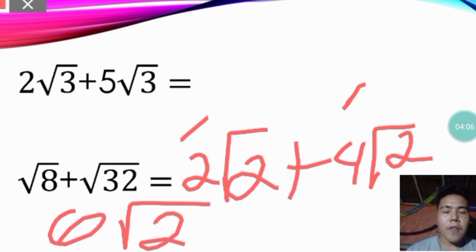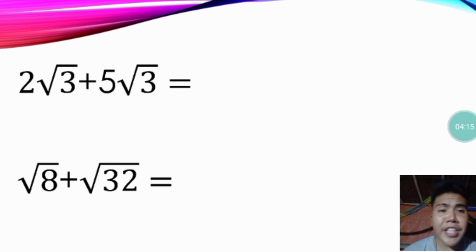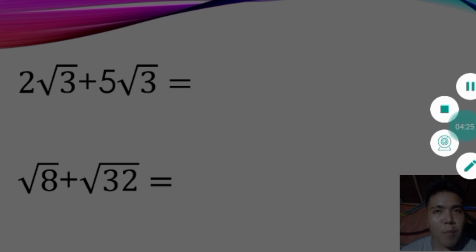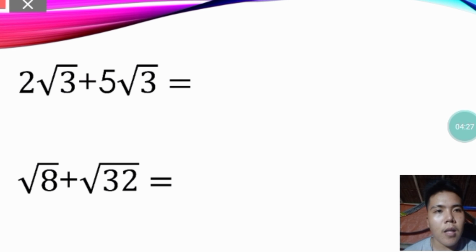If it is not the same radicand, they automatically add, and that is very wrong. In adding radicals, always remember to have the same radicand. What is the radicand? It is the number inside the square root sign, like the 3, 8, and 32.